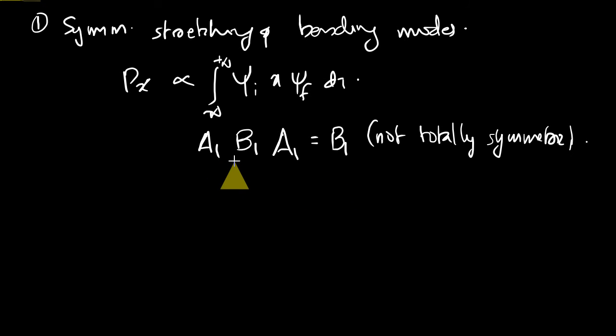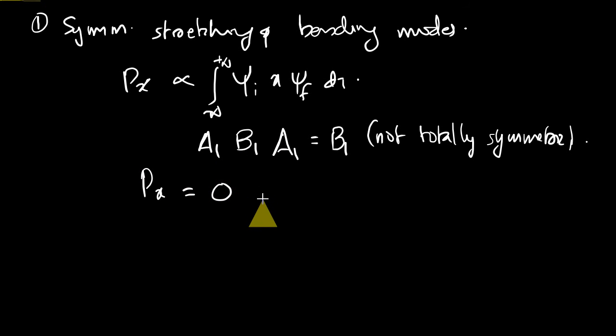So if you are taking the direct product of A1, B1 and A1, and the resultant representation is not totally symmetric, then the integral will be 0. Therefore, Px in this case will be 0.